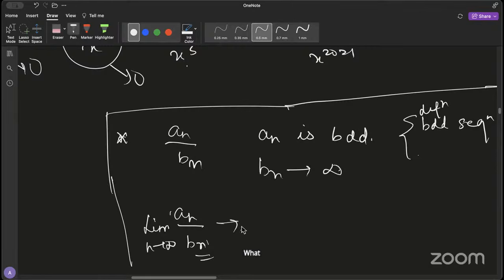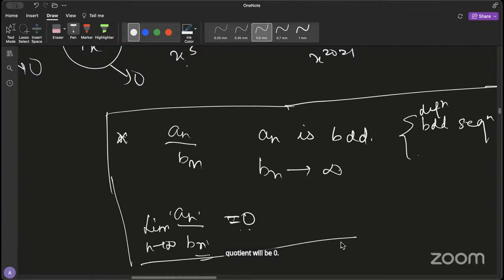What should this go to then? This will go to 0. So if you have a bounded sequence in the numerator and an unbounded sequence which is tending to infinity in the denominator, that means the limit of this entire quotient will be 0.